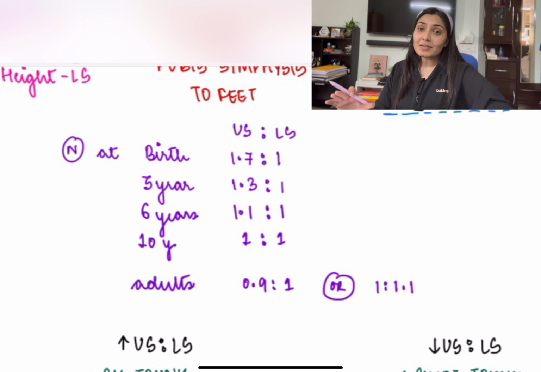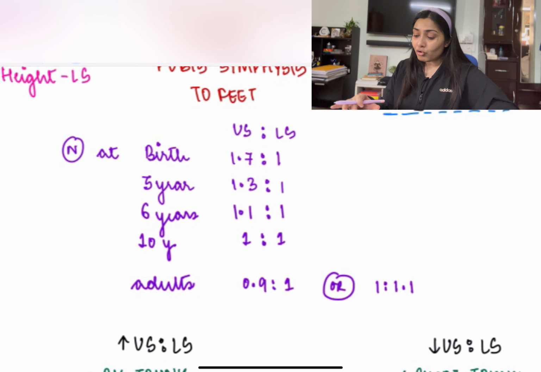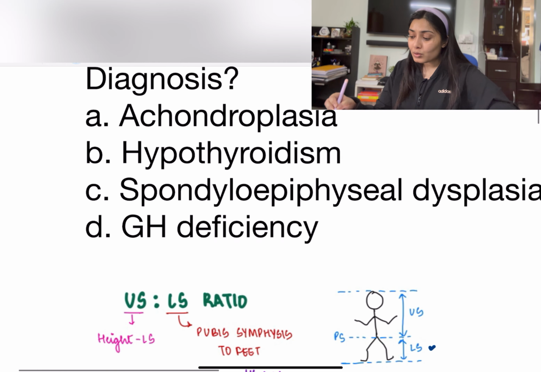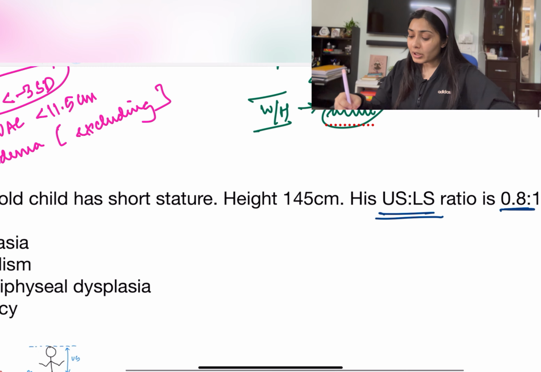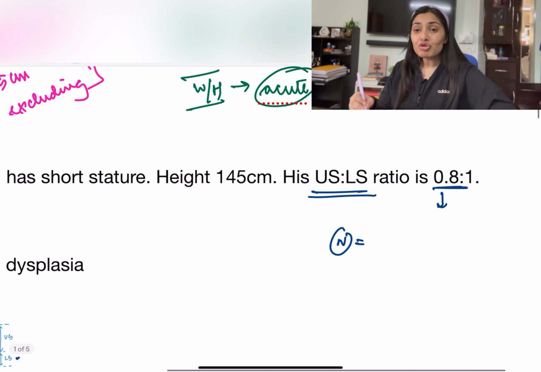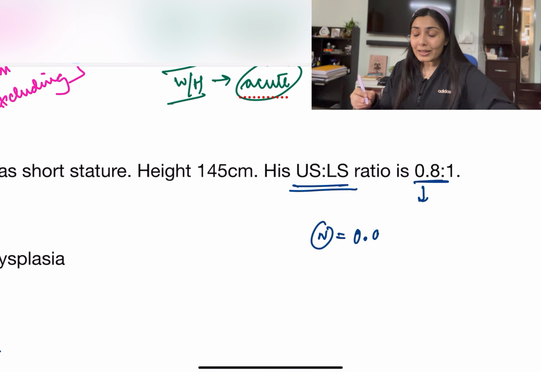So here we have a 16-year-old boy, so the ratio should be the adult ratio, that is 0.9:1, but here the ratio is 0.8:1. That means the normal at this age should be 0.9:1. Here the ratio is even lesser. That means here I have decreased upper segment lower segment ratio.